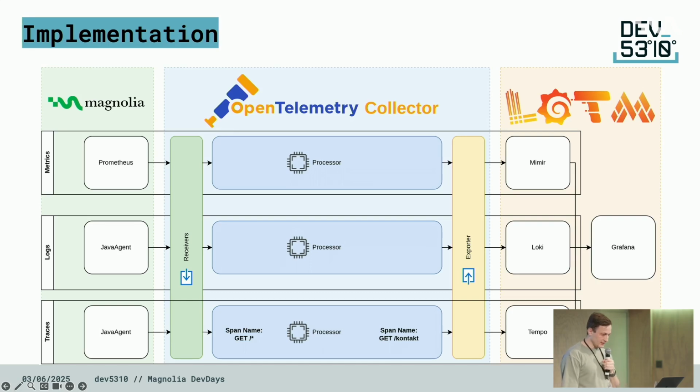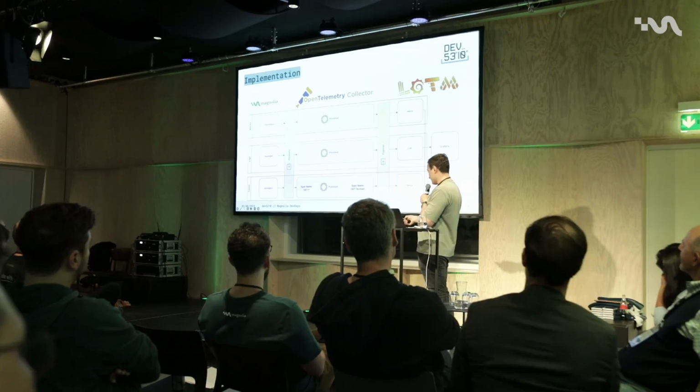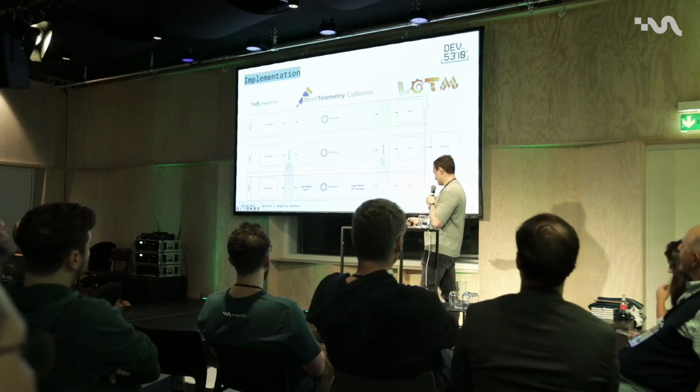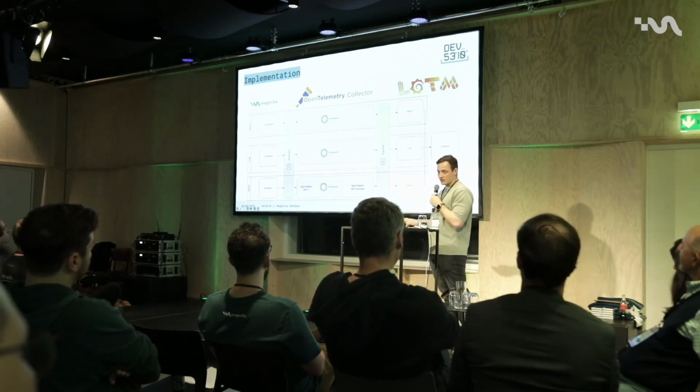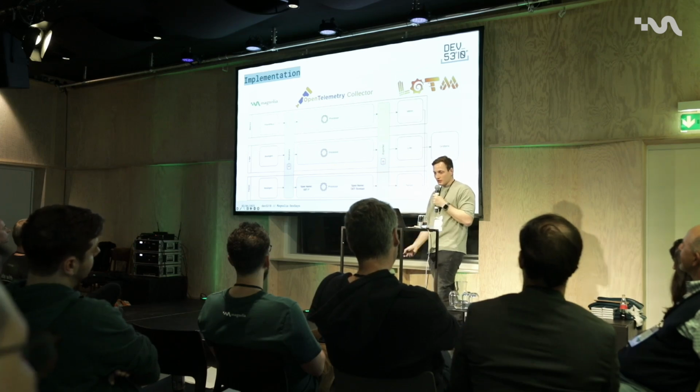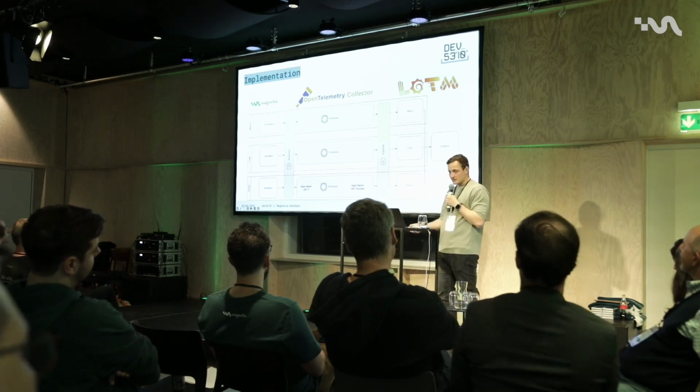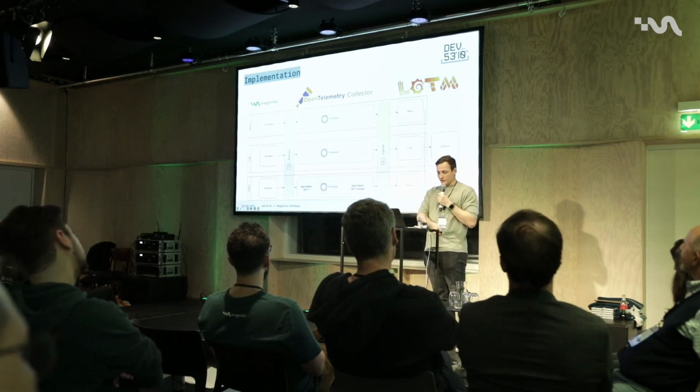To give you an idea of the processing possible with the collector, I'll give you an example. By default, the trace name exported by the Java agent is just GET /*. That's not really helpful. I want to know which site the trace is referring to.